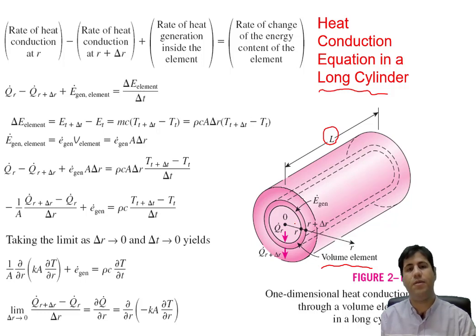Why is this problem one-dimensional heat transfer, or one-dimensional heat conduction actually? Because if you notice, for this long cylinder, as we discussed earlier, temperature along the length of the cylinder will remain constant.